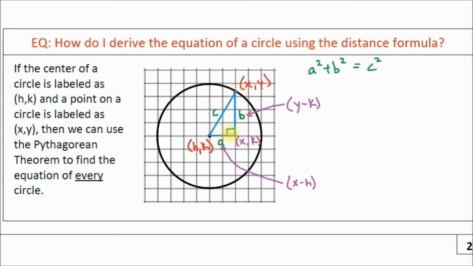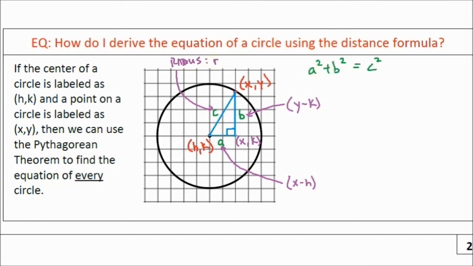So leg a is x minus h, and the length of leg b is y minus k. And one more thing, we could also say that the hypotenuse is actually the radius. So let's call that variable, the radius, small r.